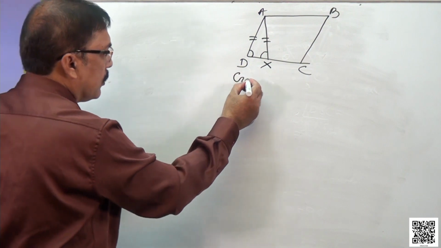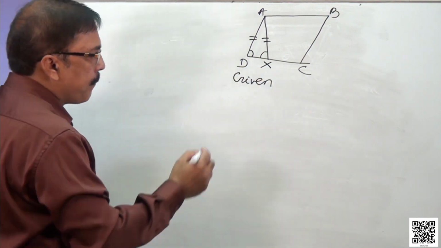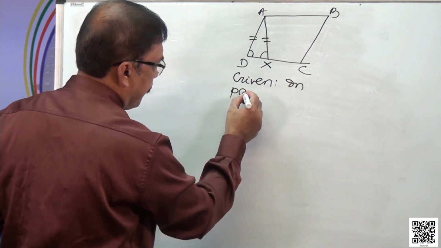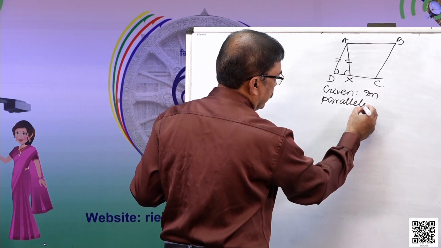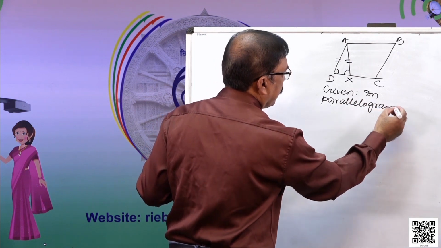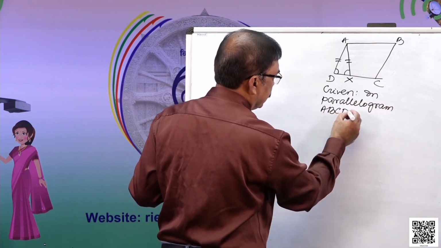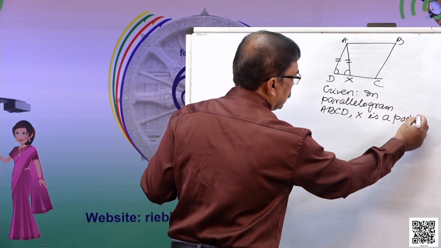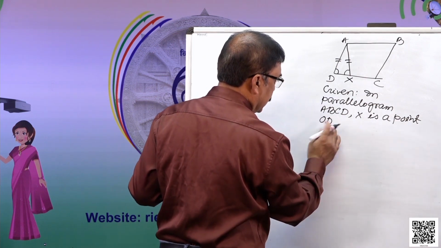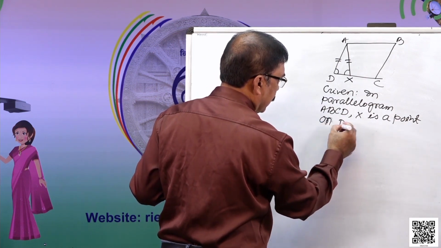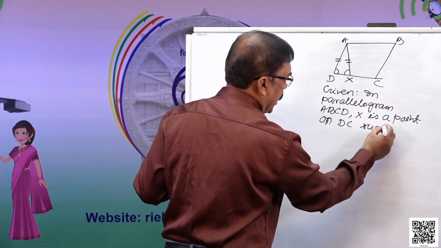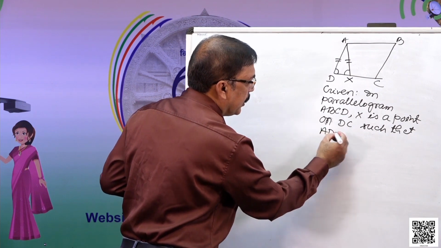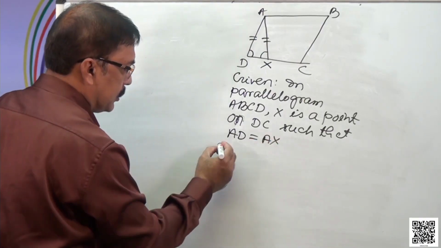So given: in parallelogram ABCD, X is a point on DC such that AD is equal to AX.